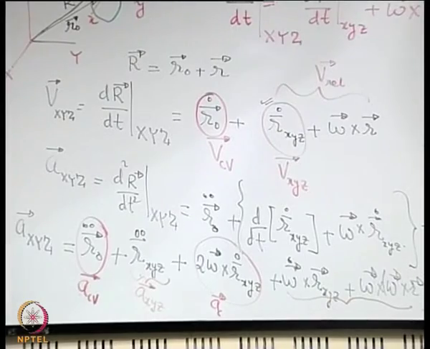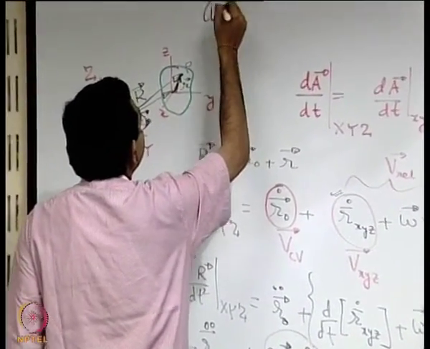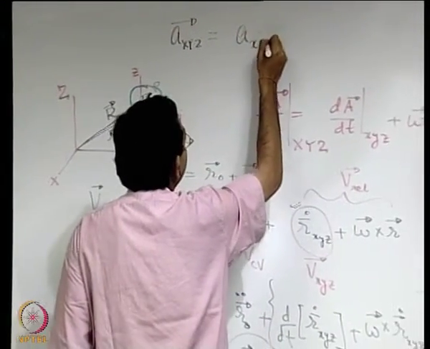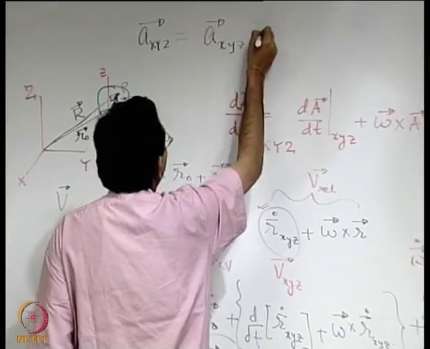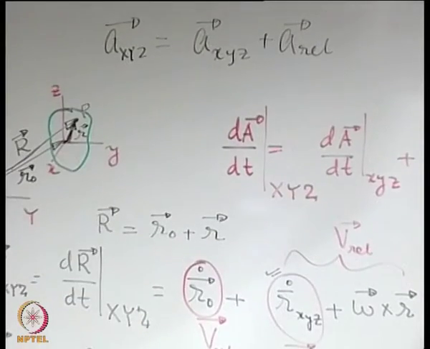So, we will write a capital XYZ as equal to A small xyz plus, let us give all the other terms a name, A relative. This is just a name that we are giving.